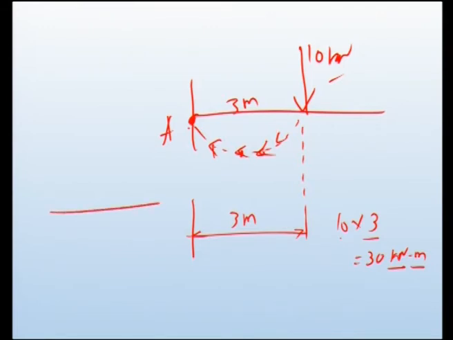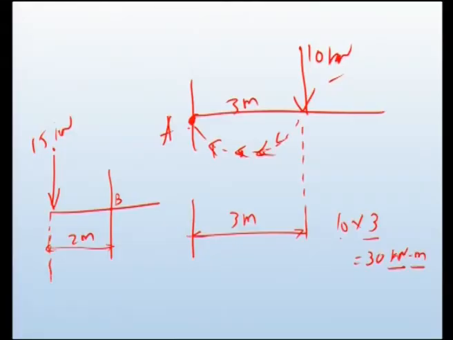Contrary to this, say you have a load here, and I am interested in bending moment at point B. Let this distance be 2 meters and this load be 15 kilonewton. The moment produced by this 15 kilonewton load will be 15 multiplied by 2. Force is 15 and the distance is 2 meters, as the line of action of the force is here and the point about which moment is required is here.